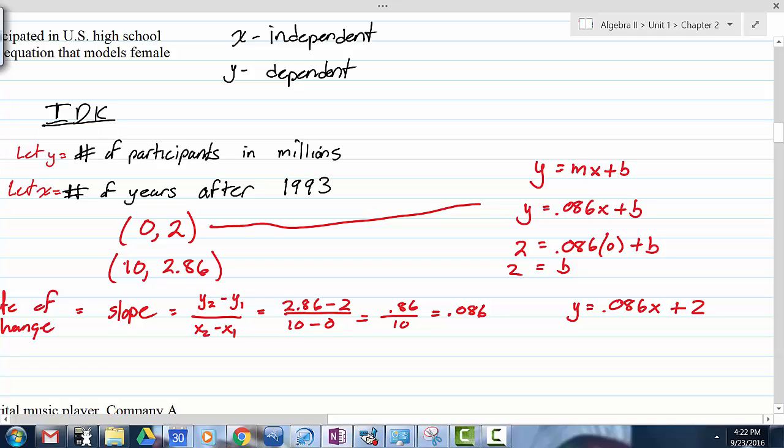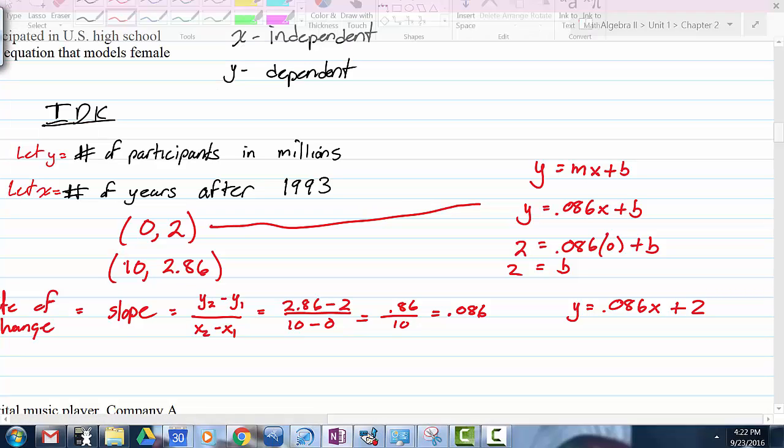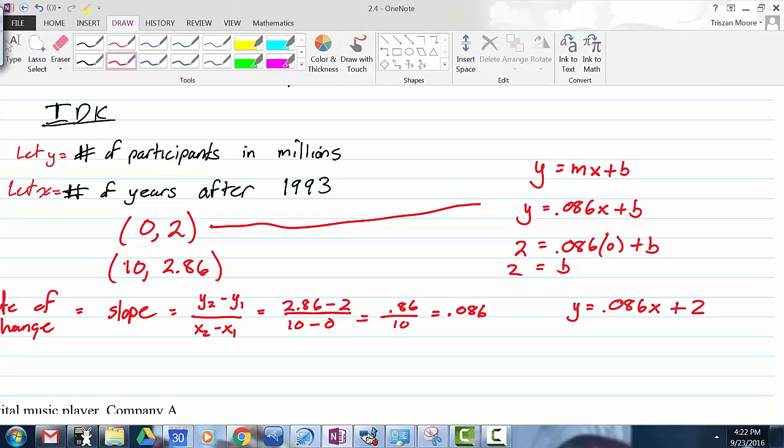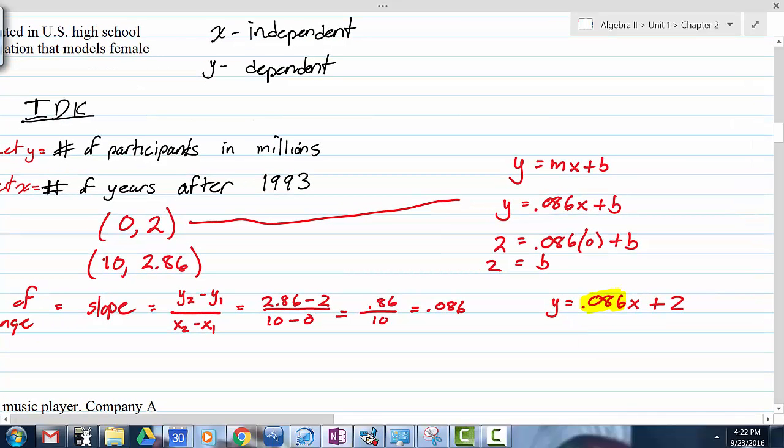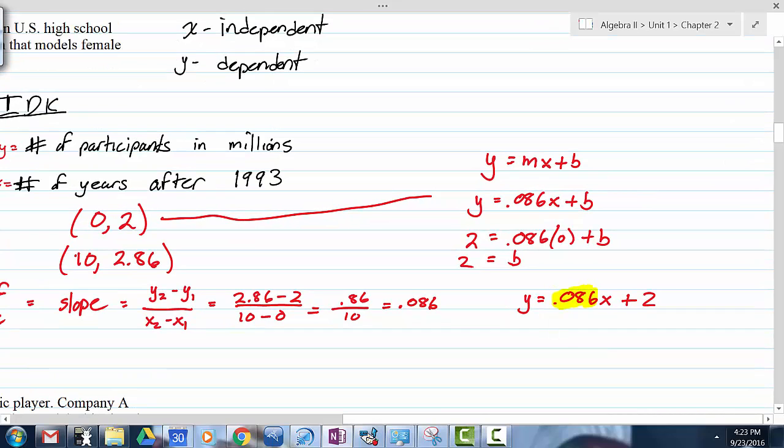Now, you have to understand what the equation even means. Your rate of change is how much you're changing per year. This is the increase in number of participants per year, in millions, of course.